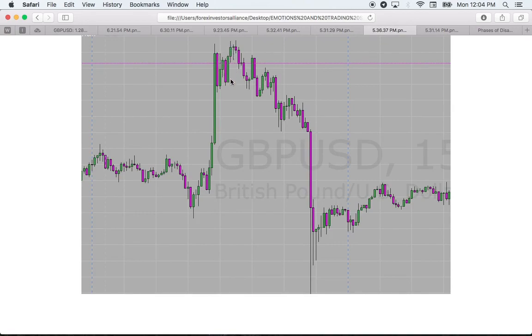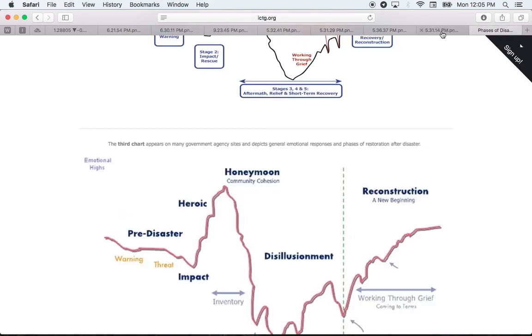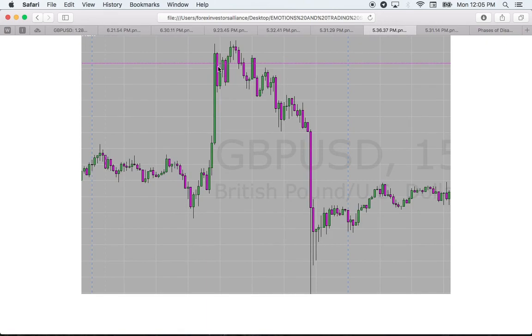Then we have the head and shoulders pattern. We see it better on here. We see the head and shoulders pattern after that stop hunt to the low. Coming up, we see trigger events, or in other words, a head and shoulders pattern. Right here, trigger events, head and shoulders pattern, and then we see the completion of the daily cycle, the whipsaw.